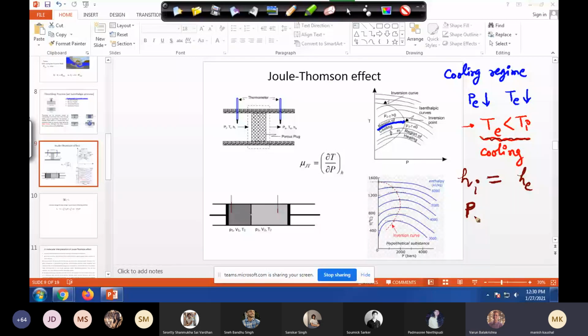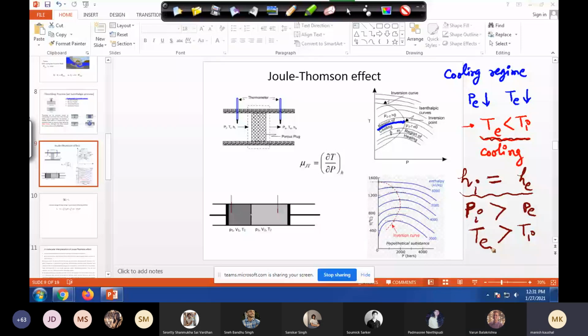Now what we are saying is that Pi is greater than P, right? And if you want to maintain this, what do we have to do? In the cooling regime, if we are claiming that H is the same and the exit temperature should be lower, where is the fault then?